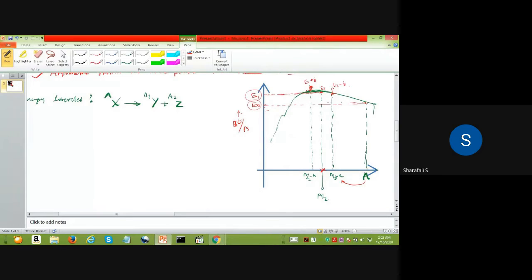If you consider asymmetric fission, there will be a shift from the A by 2 value to A by 2 plus A and A by 2 minus A as the mass numbers of the daughter nuclei. From the symmetric fission nuclei with mass number A by 2, the energy will be shifted to E1 plus delta and E1 minus delta.